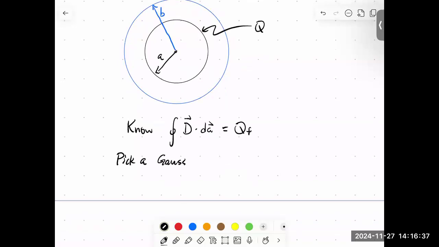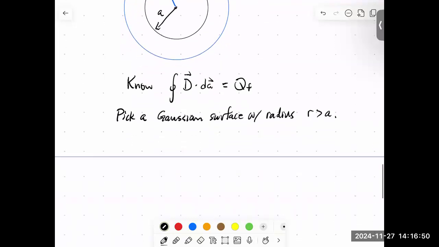Okay, so we can pick a Gaussian surface. It's going to be a sphere with radius r bigger than A. All right, so the integral of D dot dA is just going to be D times the surface area of that Gaussian surface, and Q free is just going to be Q. This is the charge on the conductor.